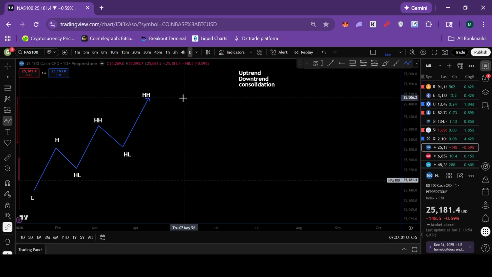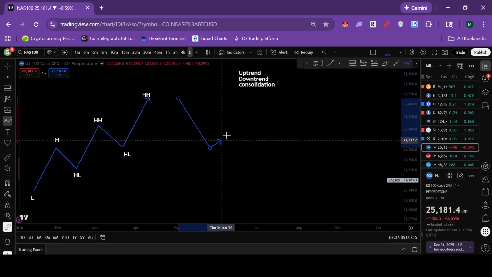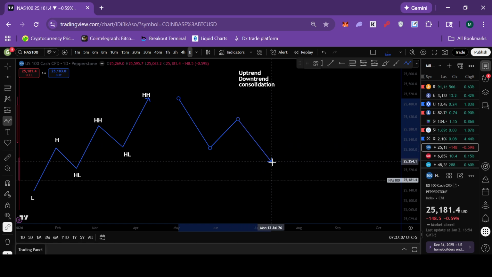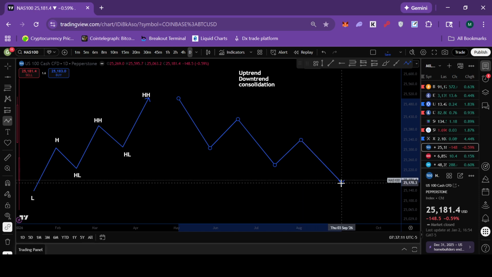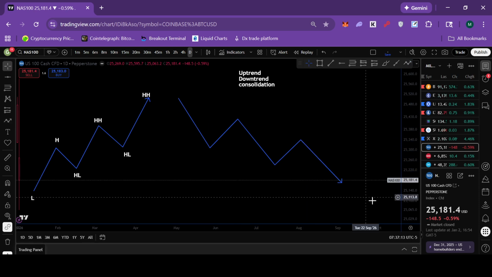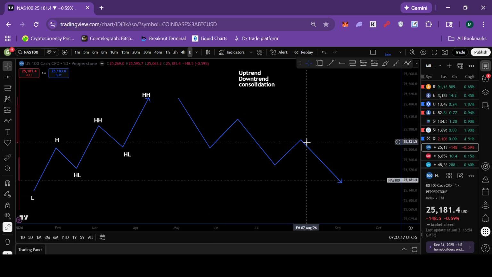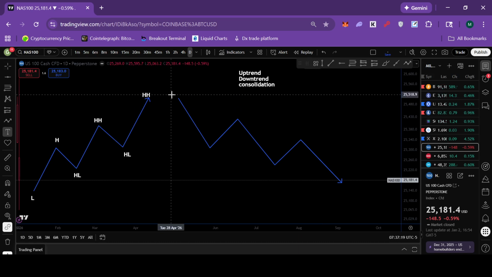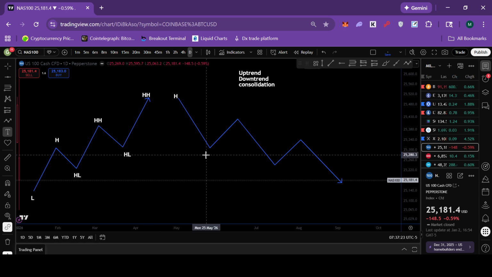Downtrend, similar. So now it's going in the opposite direction. Same concept though, where for the most part it's going lower, but then they'll have these small pullbacks, right? So now you start off with a high, then you get a low.